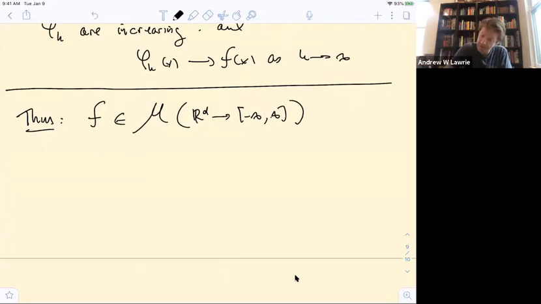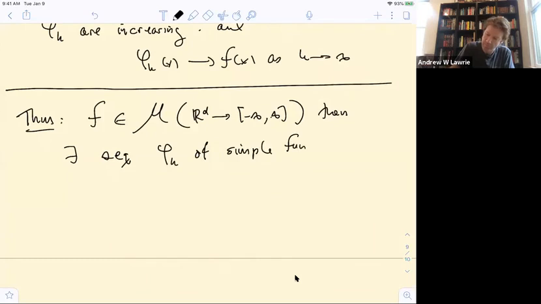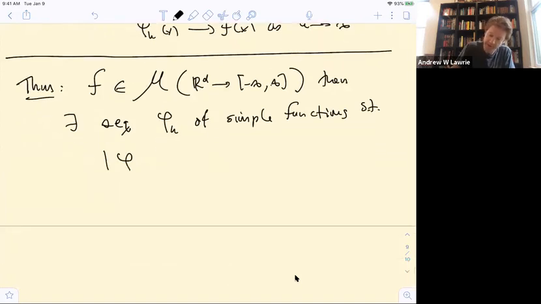Measurable function, no longer requiring non-negative, then there exists a sequence of simple functions such that if I take absolute values of the simple functions, then they're increasing.